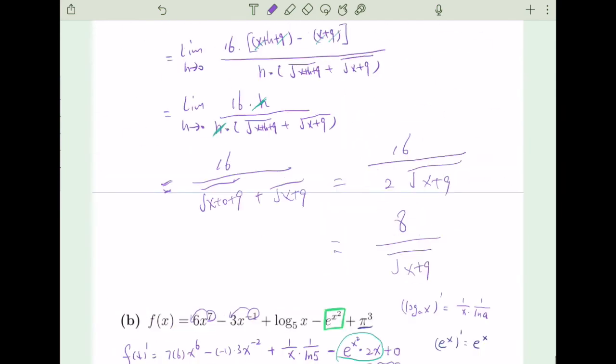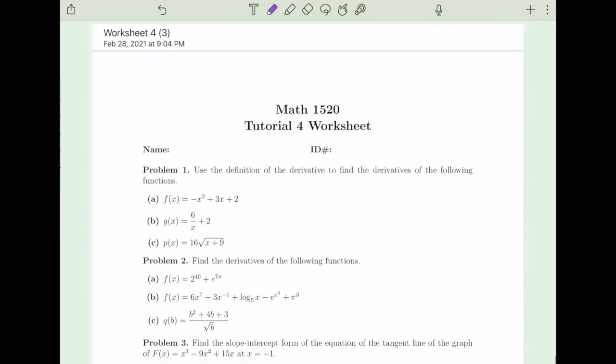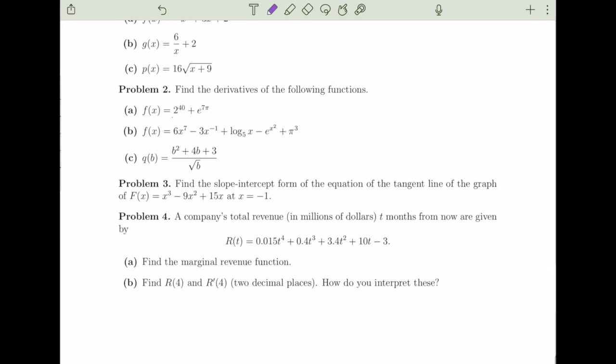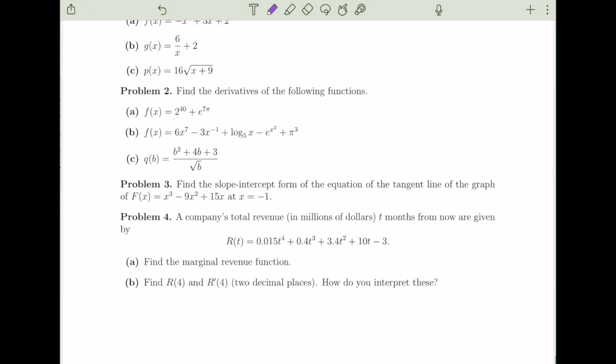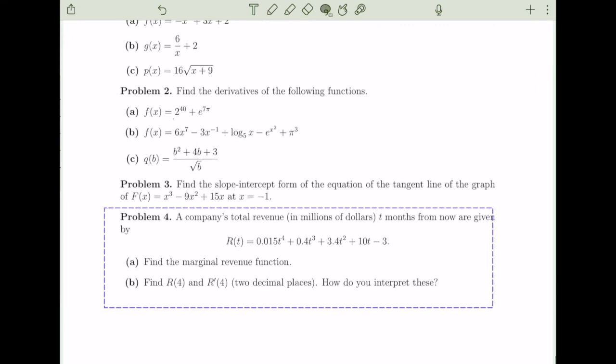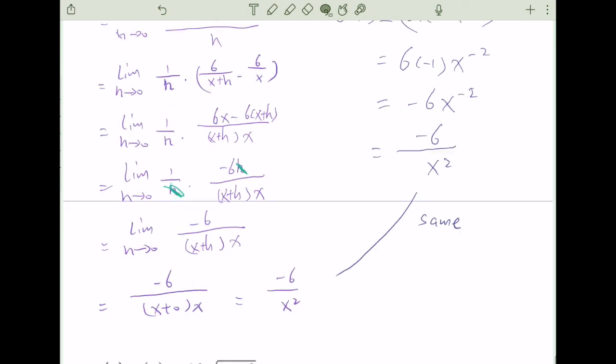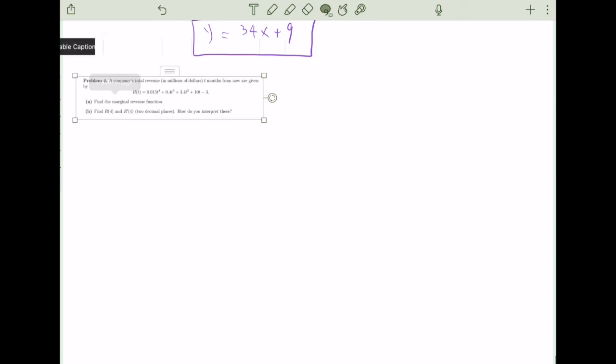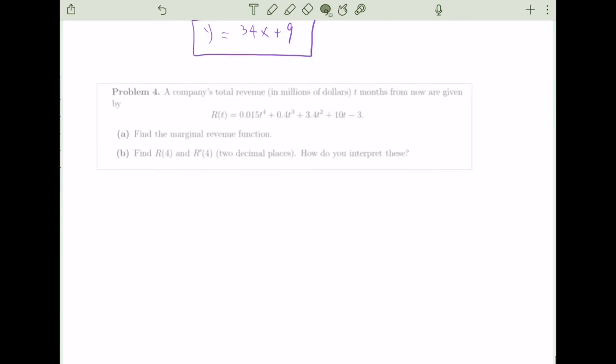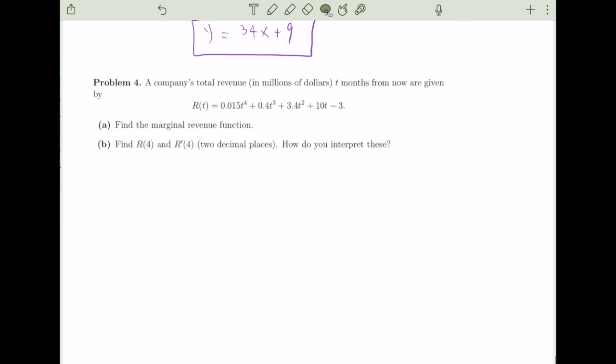Moving on to the last question. Company's total revenue T months from now is given by this.